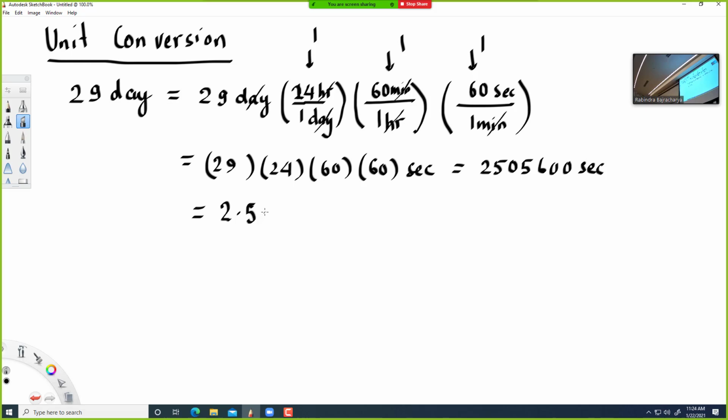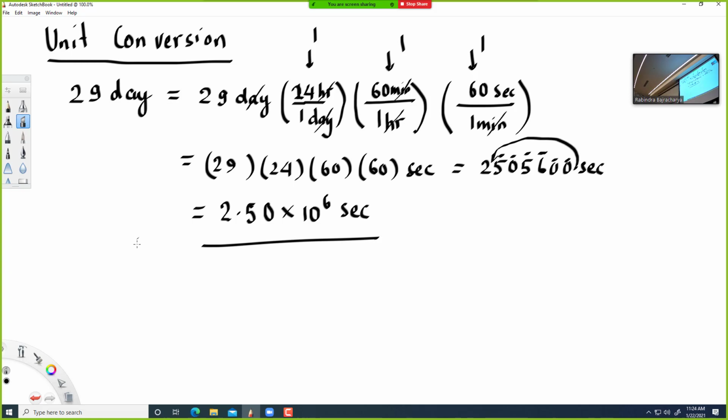So let's say 2.50, and our decimal is here, and we are shifting this by how many places? 1, 2, 3, 4, 5, 6. So we are moving this 6 places to the left, so 10 to 6 seconds. So that's the number of seconds in 29 days.